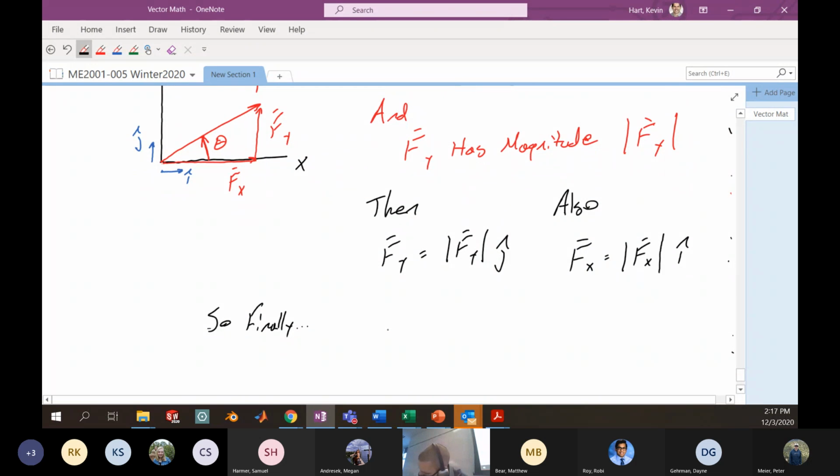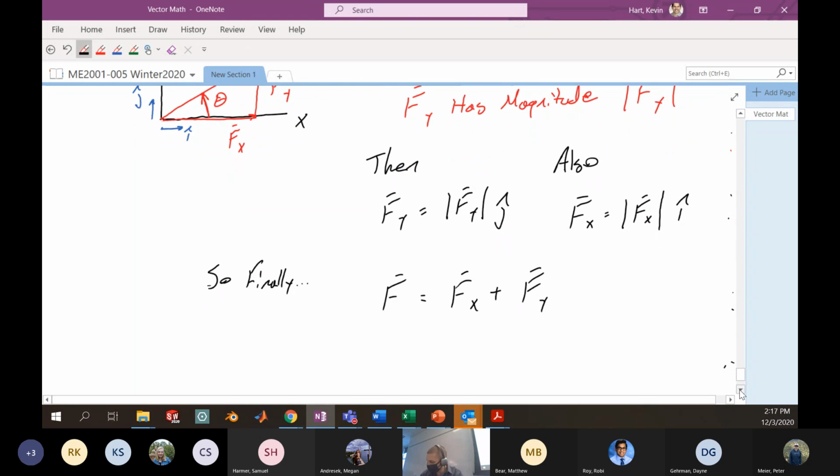You might write it in this way, and we know from discussions last time that the vector is just the addition of this fx and this fy. So it's the addition of vector fx plus vector fy.